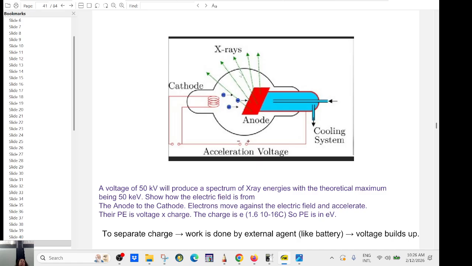Each X-ray photon has the energy of this electron, which is the potential energy. So you can control the energy of the X-ray by controlling the voltage. So you have soft X-ray and hard X-ray.